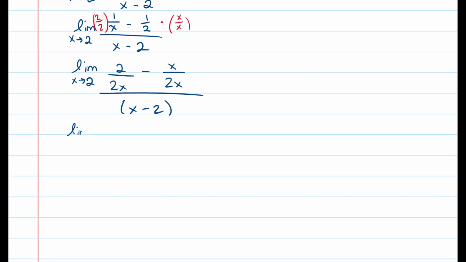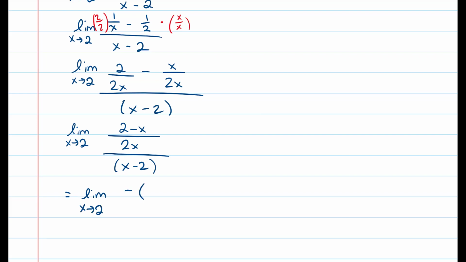So we get the limit as x approaches 2 of 2 minus x all over 2x, divided by x minus 2. And notice that these are almost the same except for a negative sign. So this is equal to the limit as x approaches 2. I'm going to factor out a negative from the numerator.